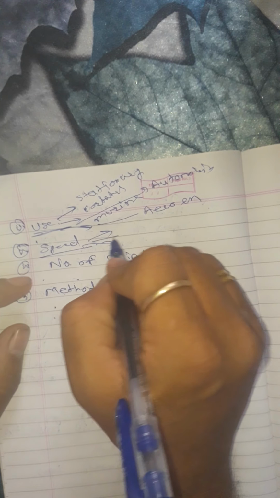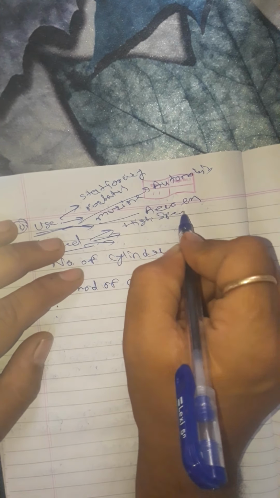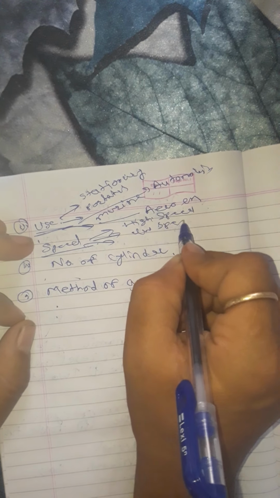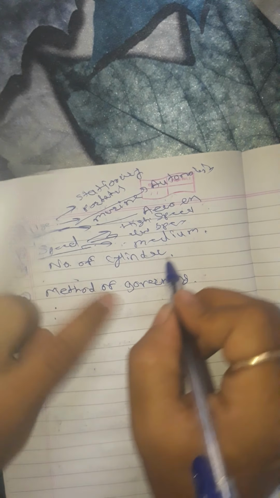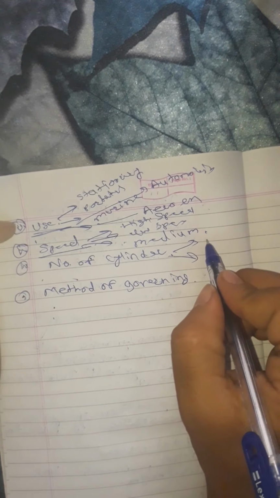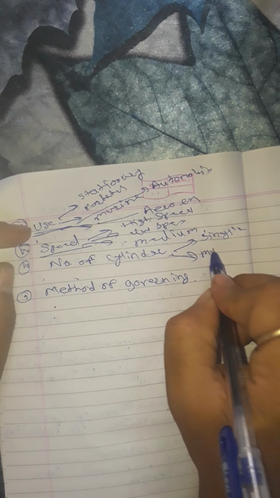In the speed, there are 3 types: high speed, second one is low speed, third one is medium speed. And number of cylinder, there are 2 types: single cylinder, multi cylinder.